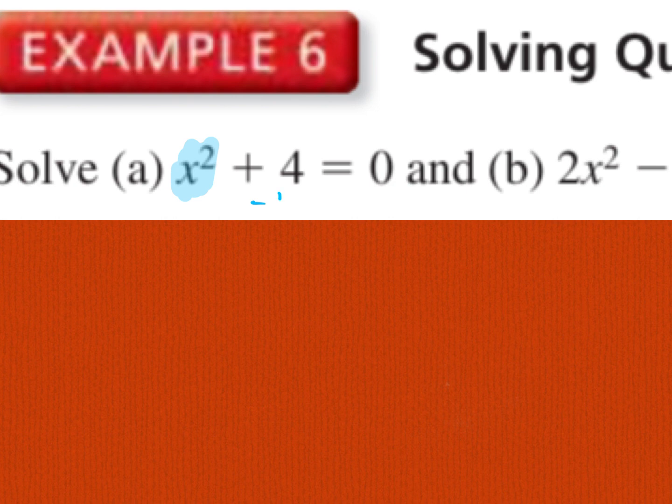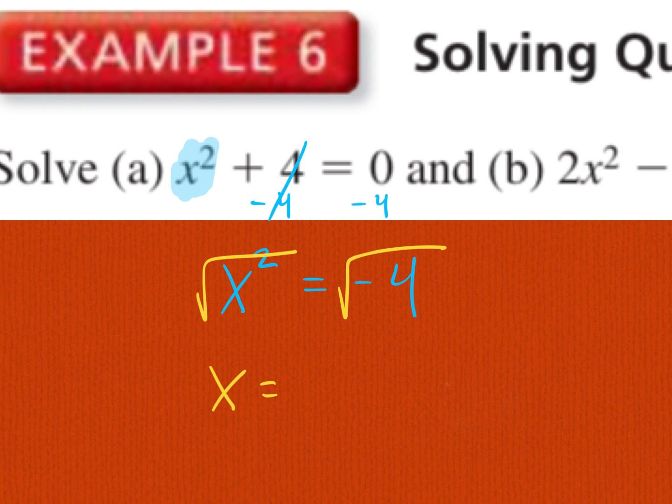So I'm going to subtract 4, move that to the other side. So I have x squared is equal to negative 4. Now how would I get x all by itself? How do I get rid of the squared? Square root it. So we have x is equal to, now we have to be careful. Anytime we take the square root of both sides of our equation, what do we need?